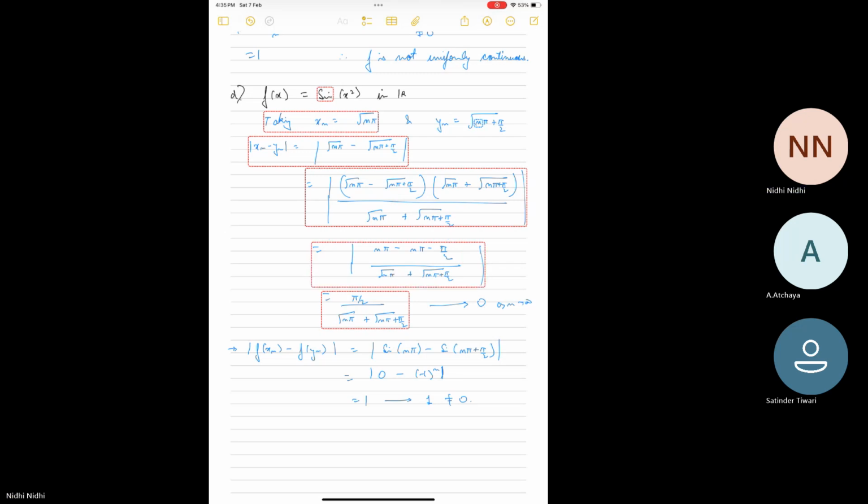Okay, then next comes differentiability.